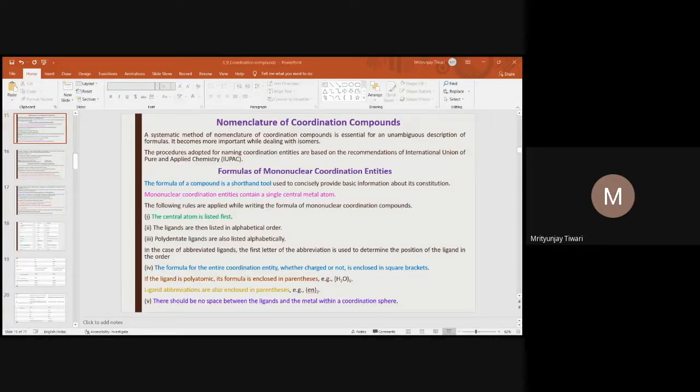In this case, the counter ion could be chloride, 3 chloride ions. So the chemical formula of the real compound will be [Cr(H2O)6] in a square bracket, Cl3. And if you are showing Cl3, then you don't have to show this 3 plus charge. And if you are showing the 3 plus charge on the coordination entity anyway, then you will have to write this as 3Cl minus to show that the entire thing is actually electrically neutral, and this is what happens in reality.